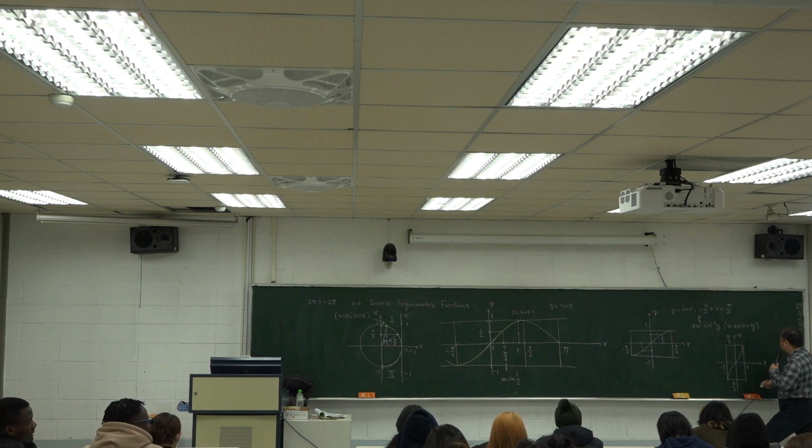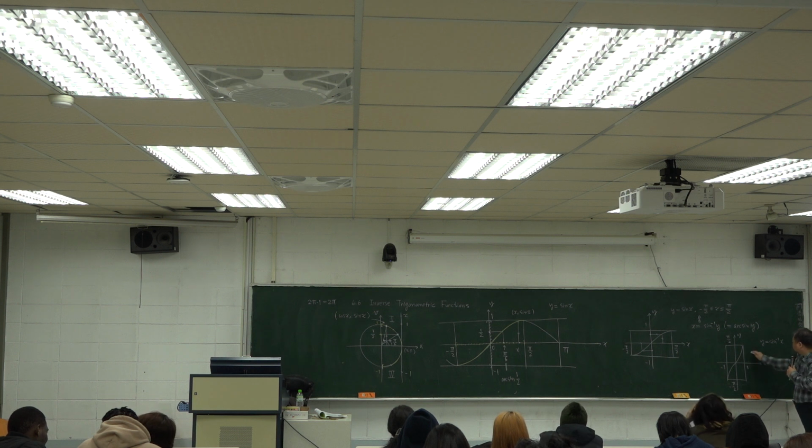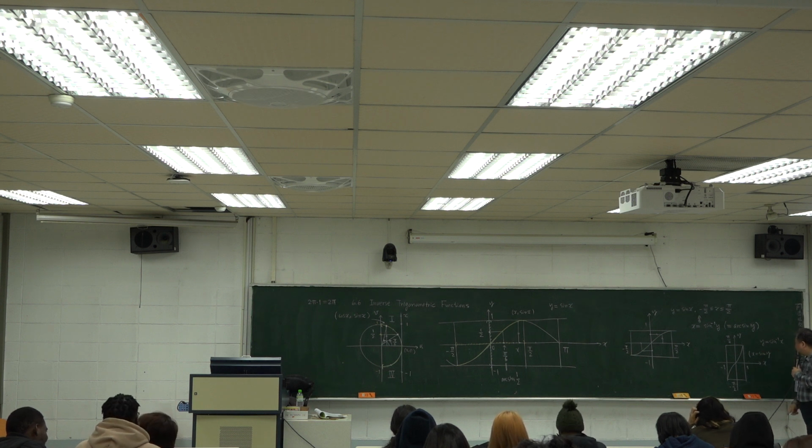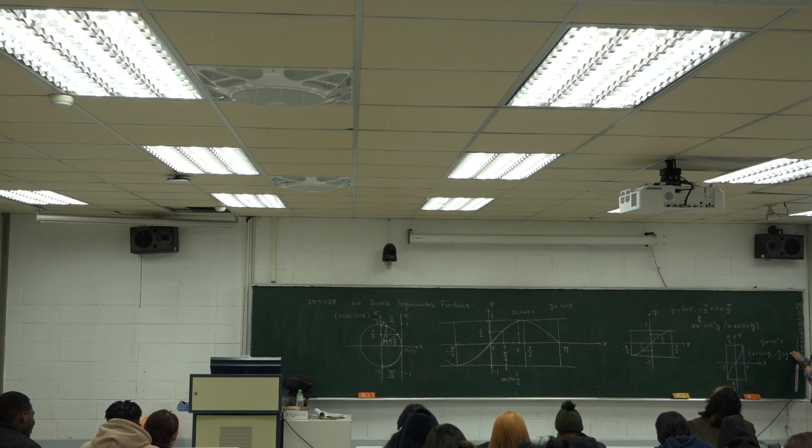This curve is the graph of y equals arcsine x, equivalently sine y equals x. But if x is given, there are infinitely many y, and we choose this one. Then y is also a function of x.